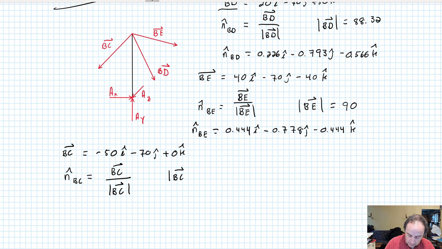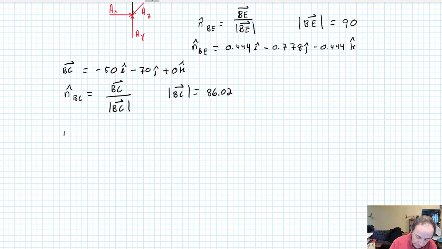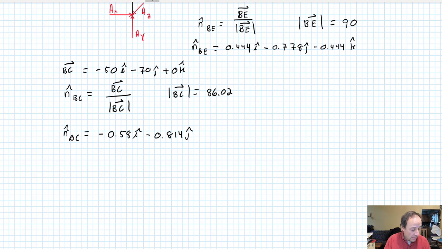The magnitude of BC is the square root of the sum of the squares, which is 86.02. And so we get a unit vector for BC of minus 0.58I minus 0.814J. All right, we have our unit vectors.